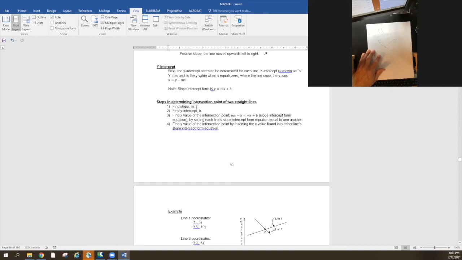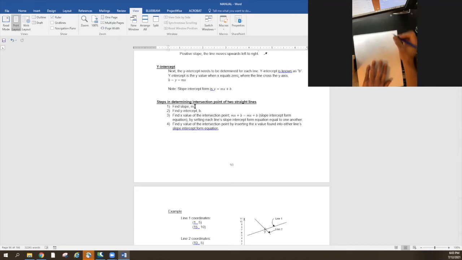So slope. Everyone remember what slope is. It's the change in y divided by the change in x. It's also known as rise over run. So think about a staircase, okay? Rise is how far the step goes up. Run is how far the step is extended into the other stair, okay? So rise, run, rise, run, rise, run, rise, run.